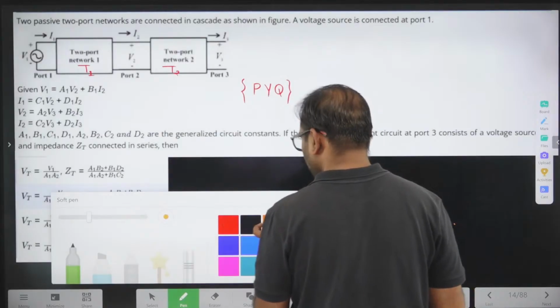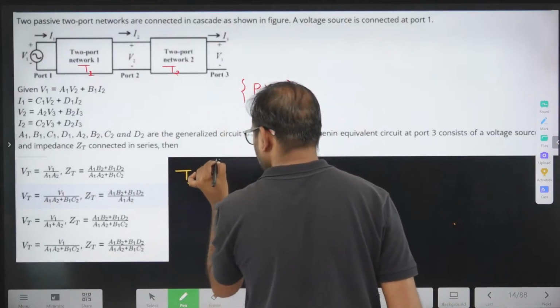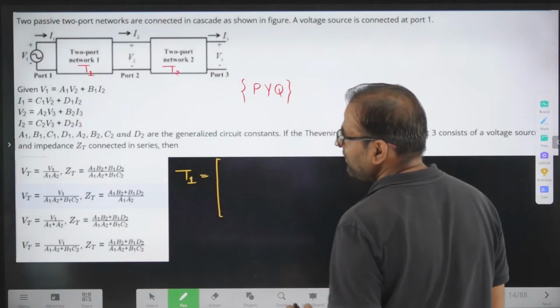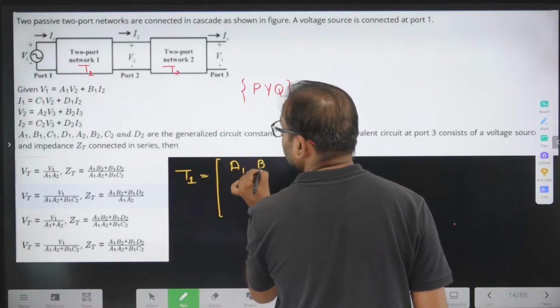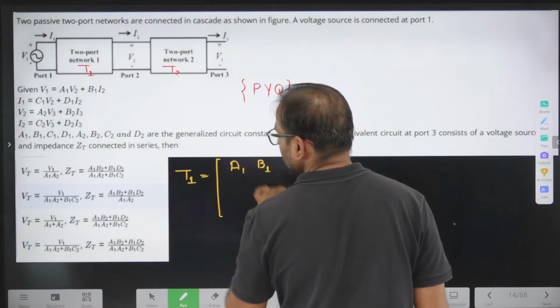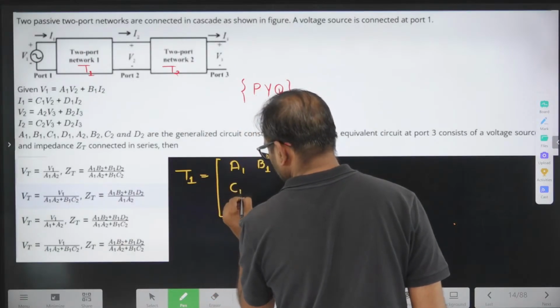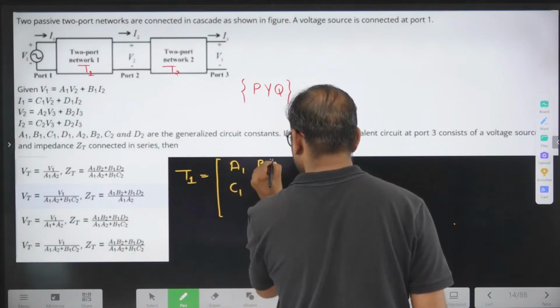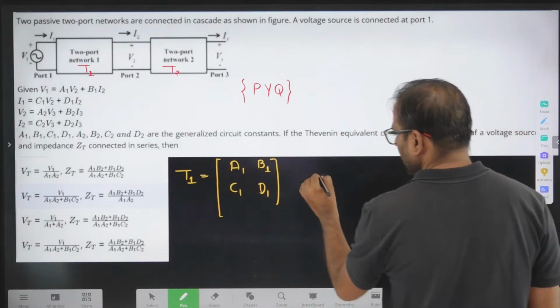What is T1? The value of T1 is A1 B1 C1 and D1. And if I call the second network T2, for T2 what is given?